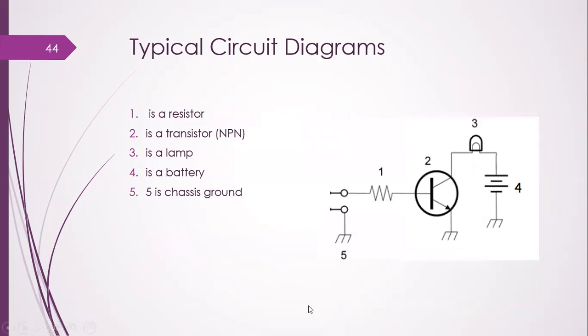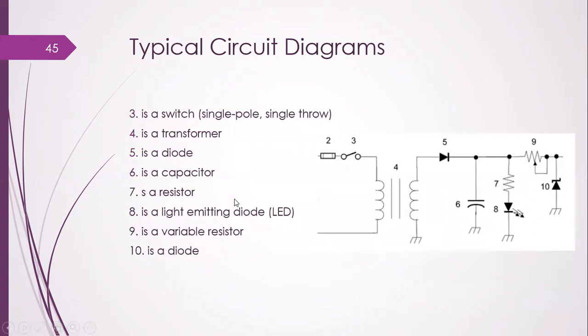In a typical circuit diagram, these are further applications: a resistor, transistor, NPN, a lamp, a battery, a chase circuit. After that, a typical circuit diagram looks like this. The main point of the lecture is that the components of electronics can be used and implemented in many electronic devices, cards, and instruments.